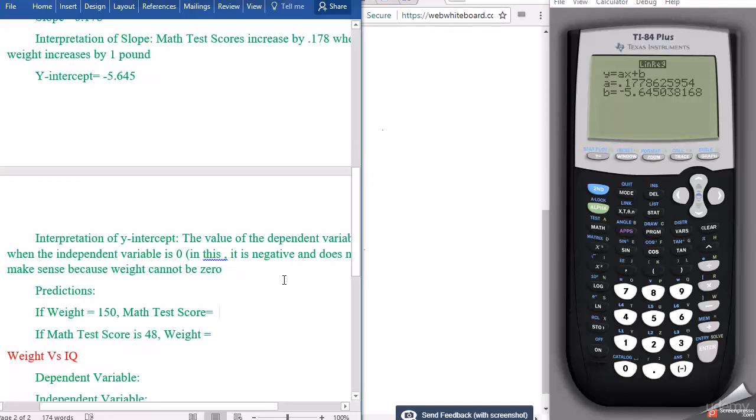So in this particular case, we are going to go to the graphing calculator. So we have our slope as 0.178.